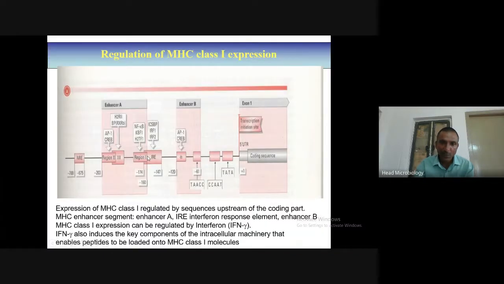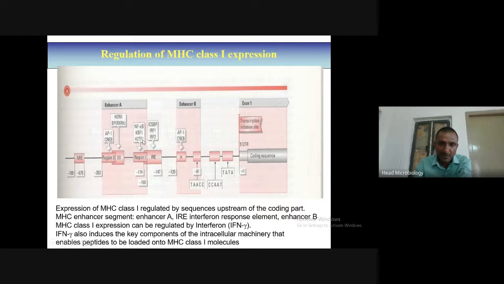Here are interleukins and interferons. There are multiple regions and different sequences like the TATA box. These are the peptides. Here this response element enhances another one. So these interferons also induce the key components of the intracellular machinery, and MHC class 1 expression can be regulated by the interferons.